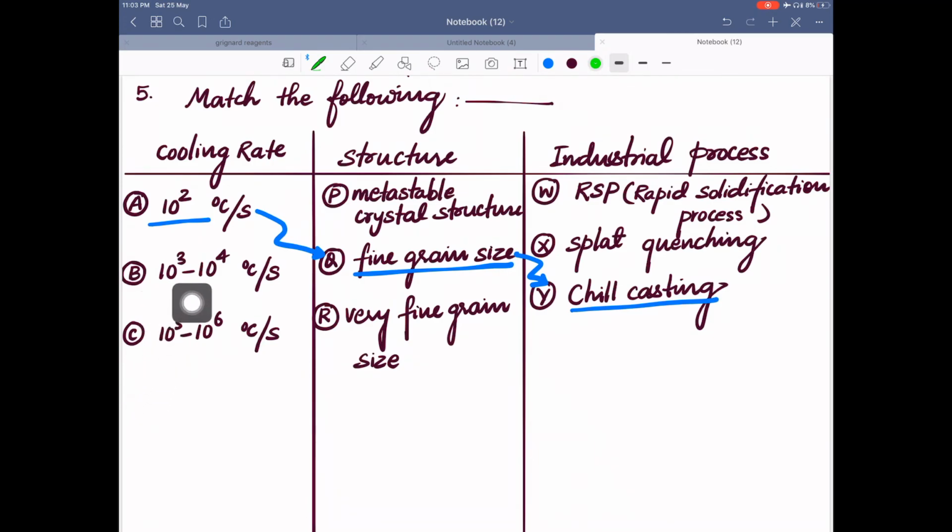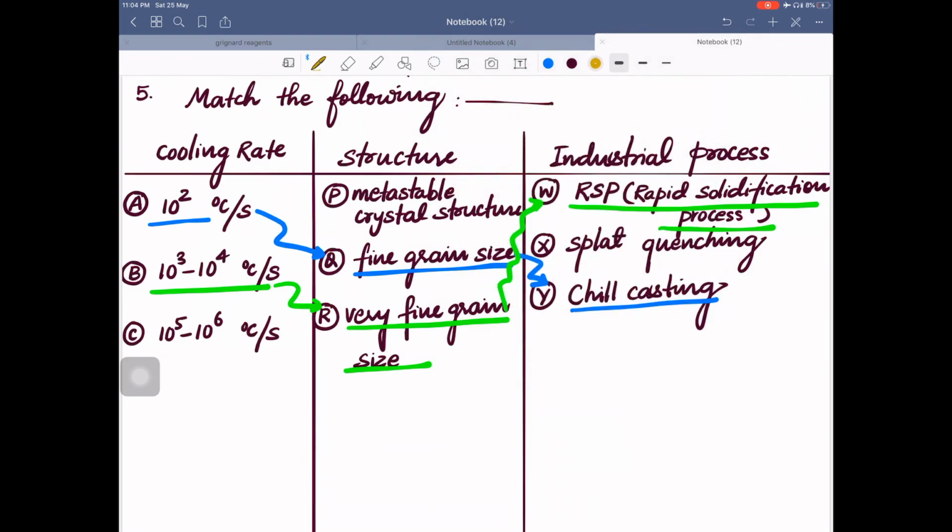Next is if the cooling rate is between 10⁻³ to 10⁻⁴ degree centigrade per second, then in this case we are going to get very fine grain size, and this special type is called RSP, or we can say rapid solidification process. So it will match with this.